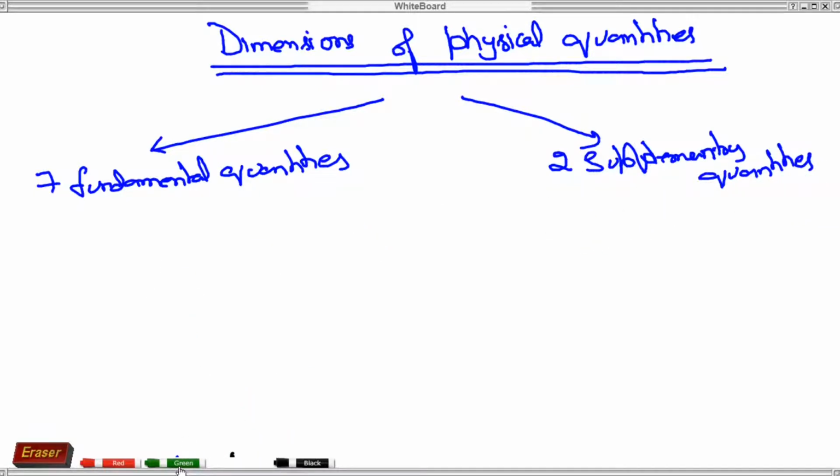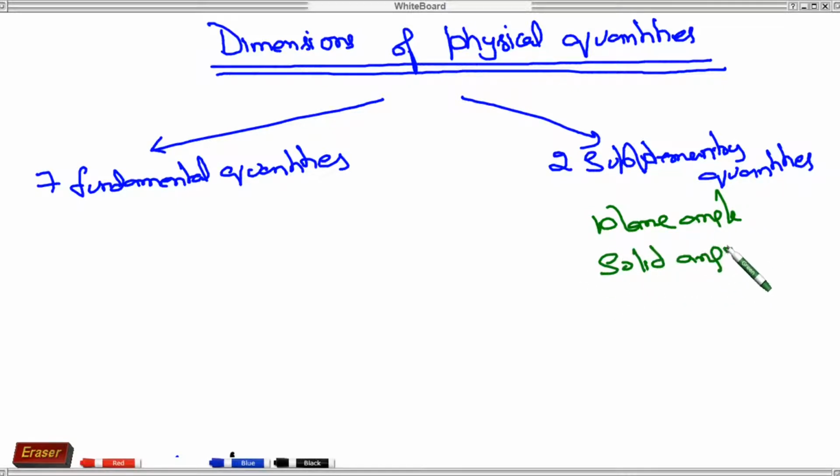Our supplementary quantities were plane angle and solid angle. For plane angle, the unit was radian, and for solid angle, it was steradian. But these two supplementary quantities are dimensionless. They don't have any dimension.